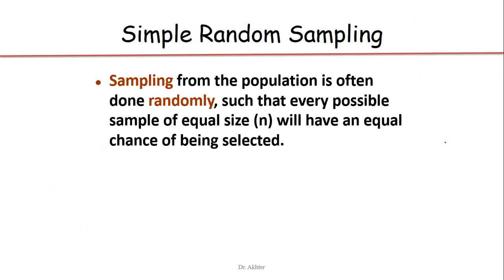Simple random sample: every element of the population has an equal chance to be included in the sample. This is called a simple random sample. Suppose I have 10 balls in an urn. The size of the population is 10.